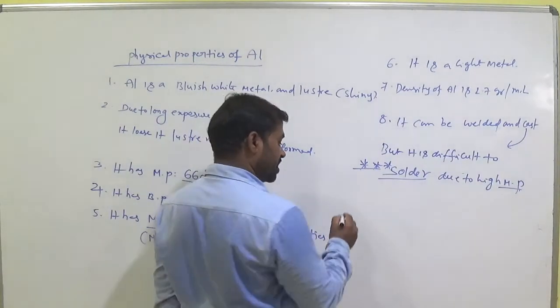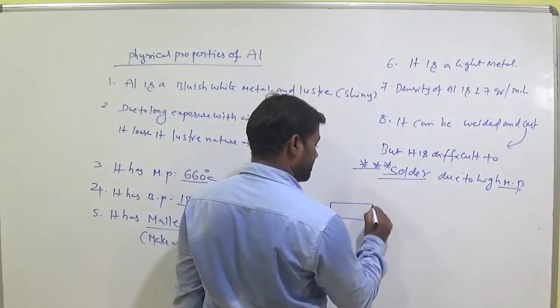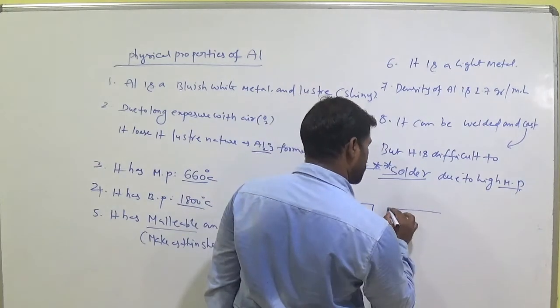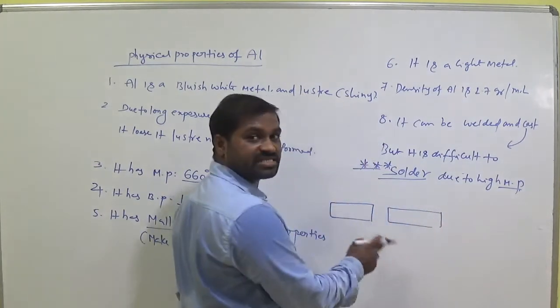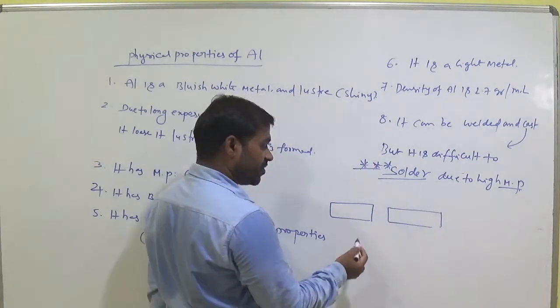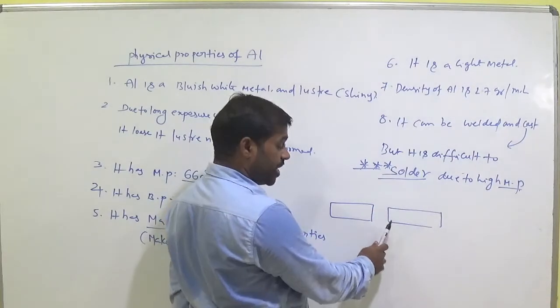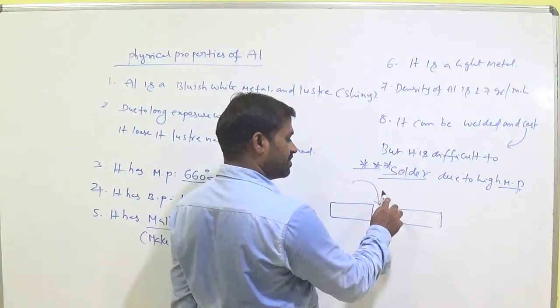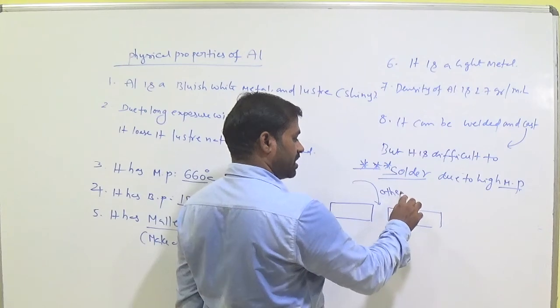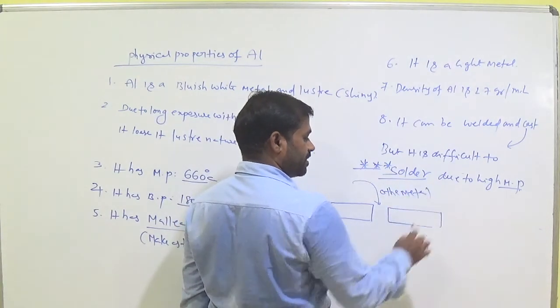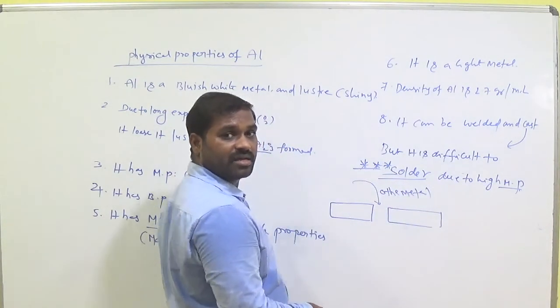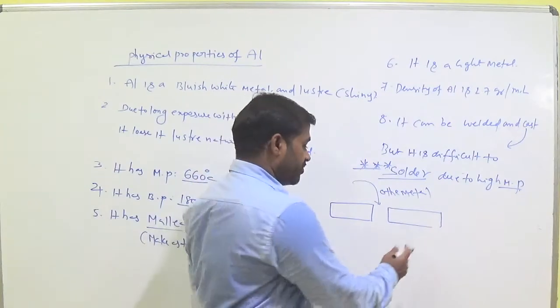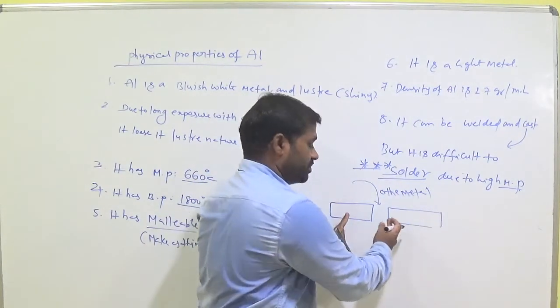What does solder mean? If we take two pieces, iron pieces or any metal, and we want to join these two, we can use some other metal to join these two metal pieces. That phenomenon is called solder. For this other metal, aluminium is not preferred. This metal should have a low melting point, then only can we apply it for solder to join these two metals.